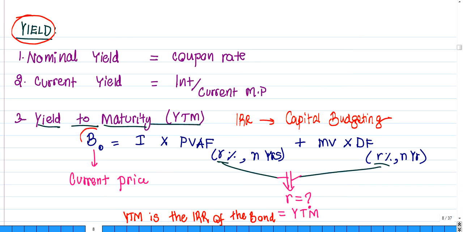But this will equal the current price. We are taking the current price and calculating the r, which makes this and this in the middle equal to the current price, that is the YTM. We will see the problem at that time and come to know exactly what YTM is. It is the IRR of the bond.